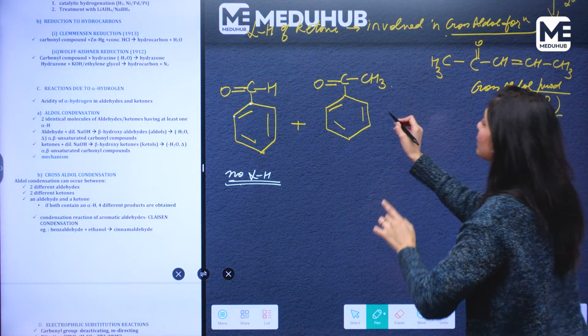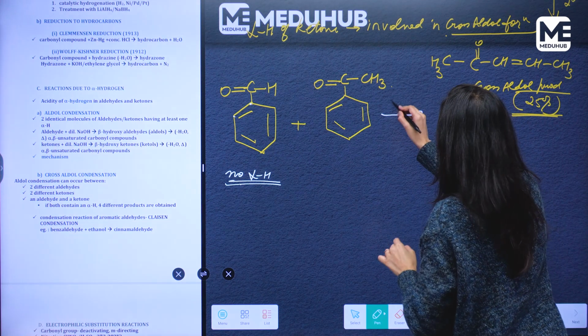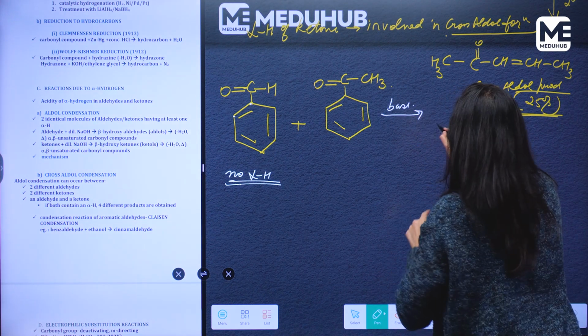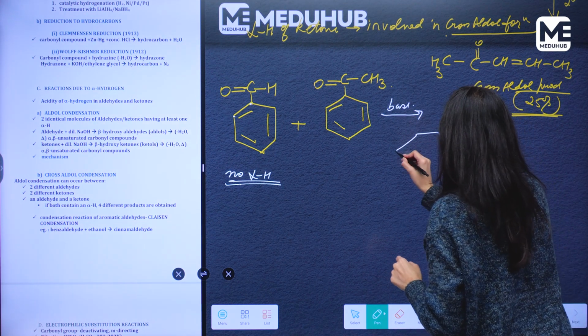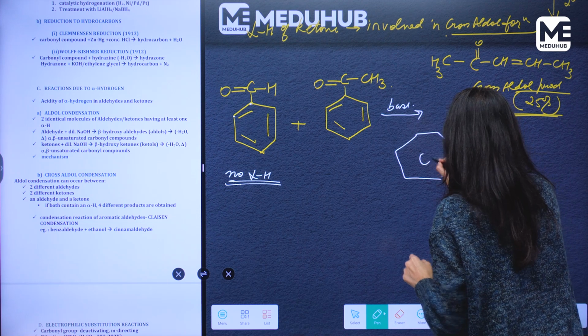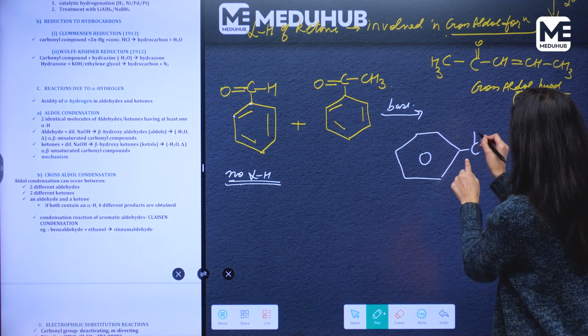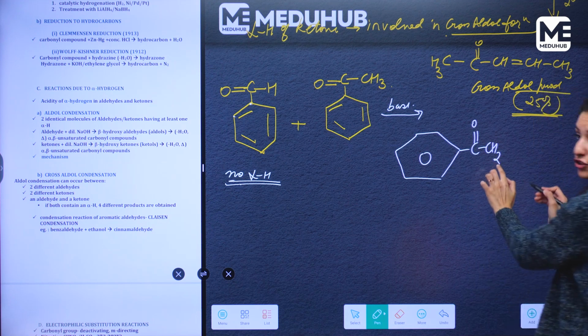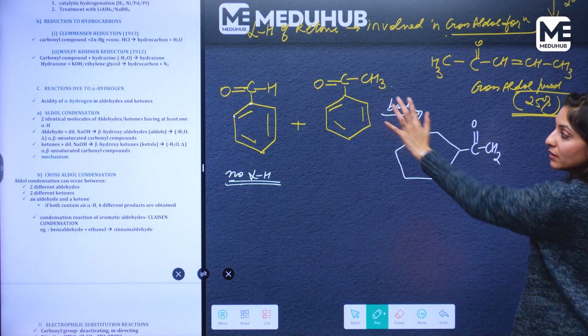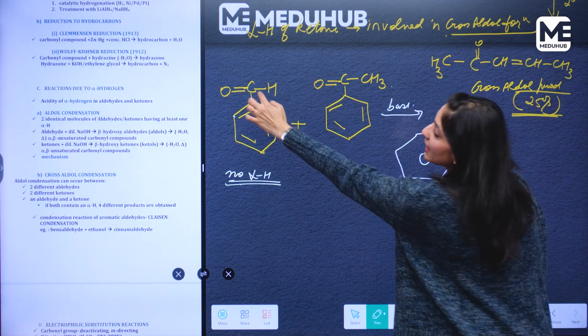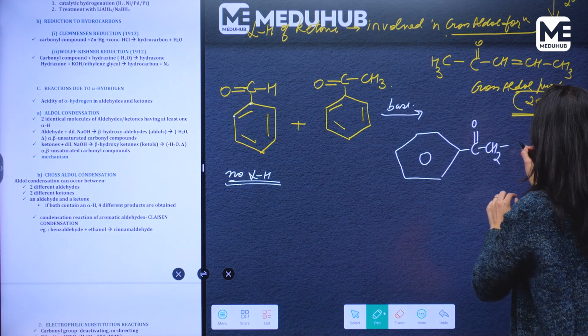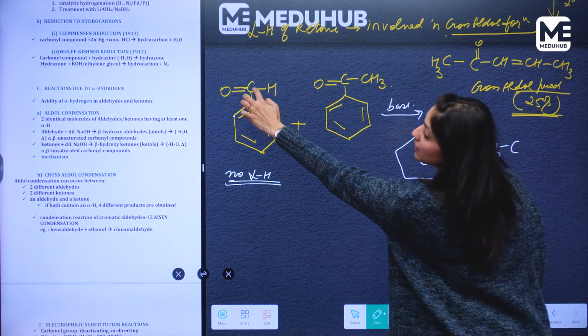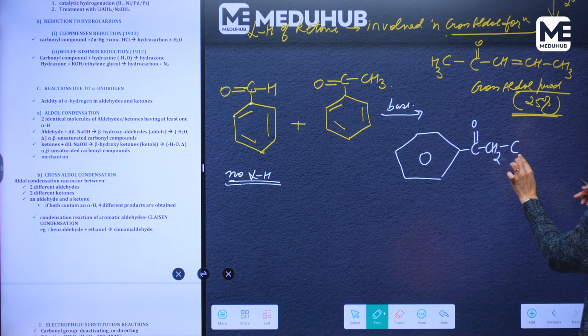So the alpha hydrogen would be lost from here. We can draw the structure like this. This is the carbonyl carbon. Instead of CH3 now we will have CH2, one hydrogen lost from here. This carbon will attack this carbonyl carbon here. This is this carbon. The carbon here is this.